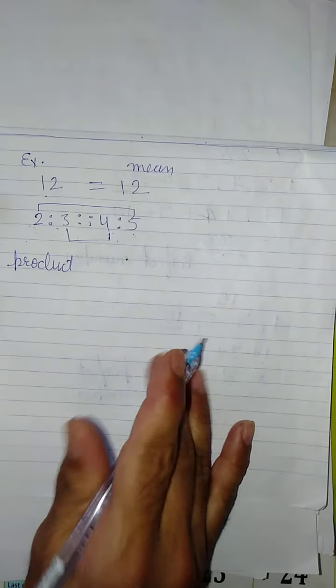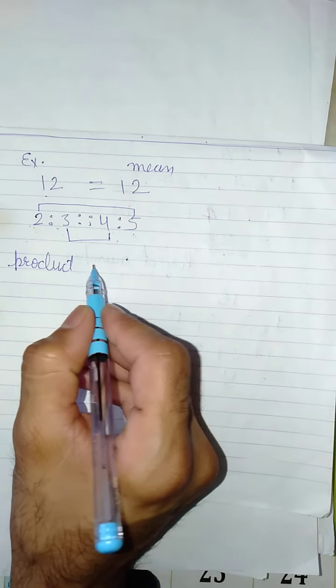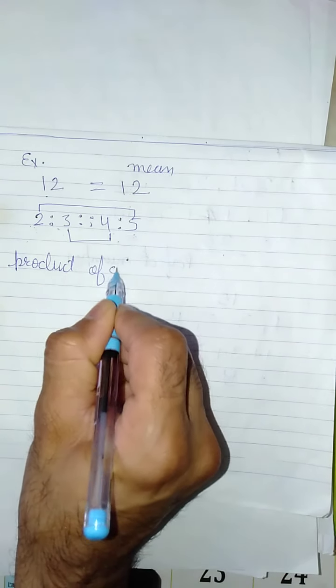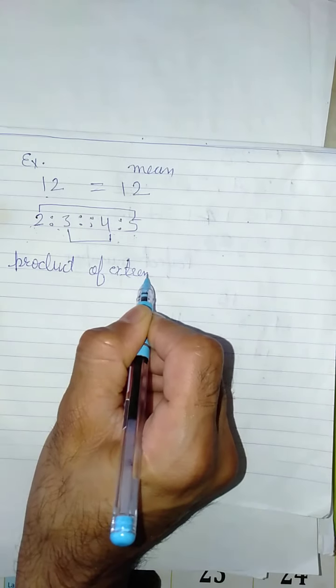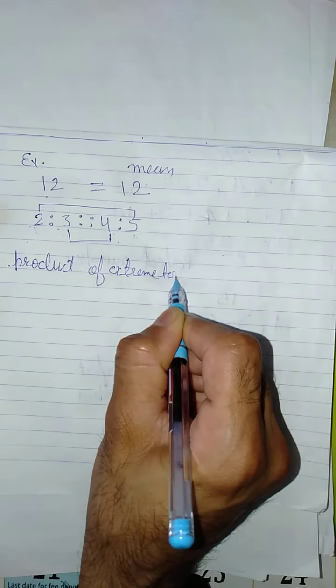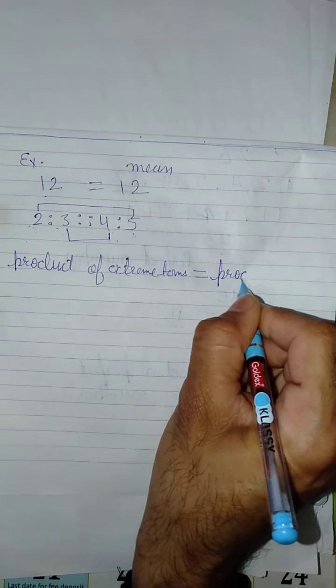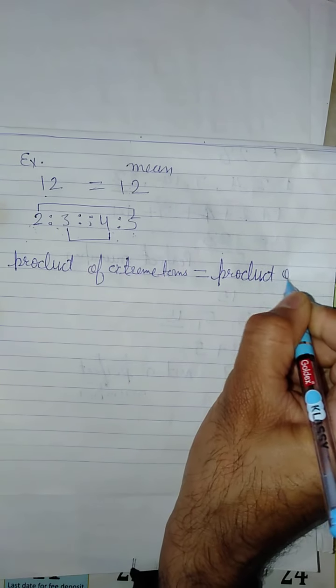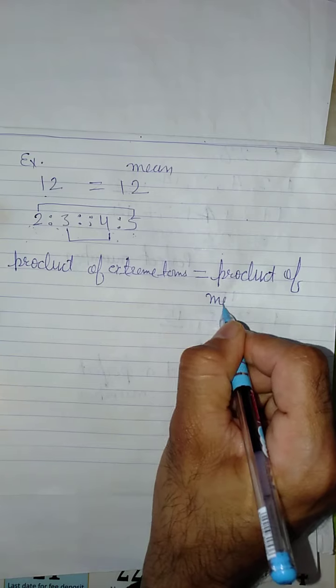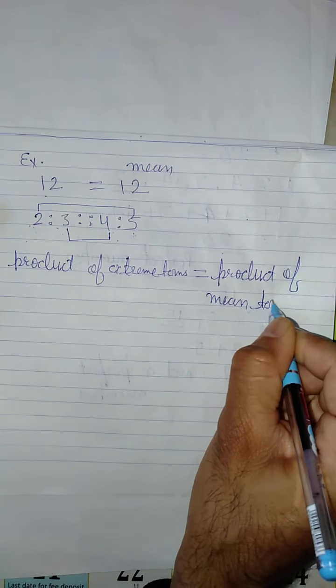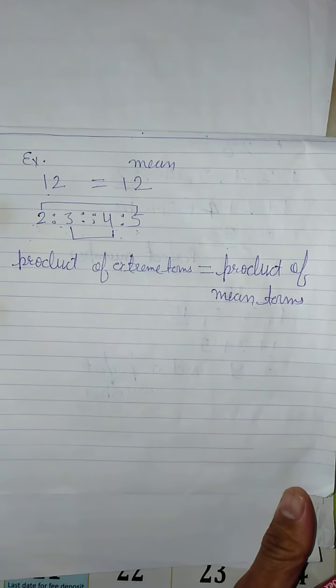So extreme terms are, I'm just writing here, product of extreme terms should be equal to product of mean terms, right?